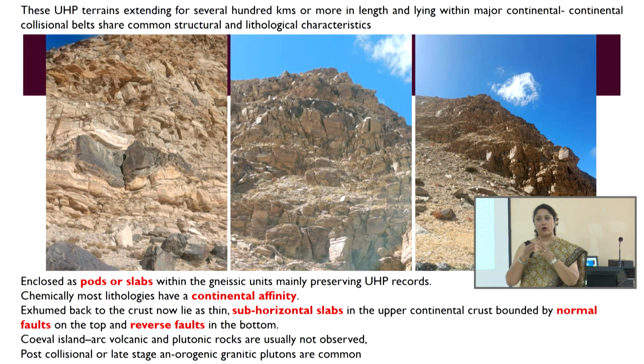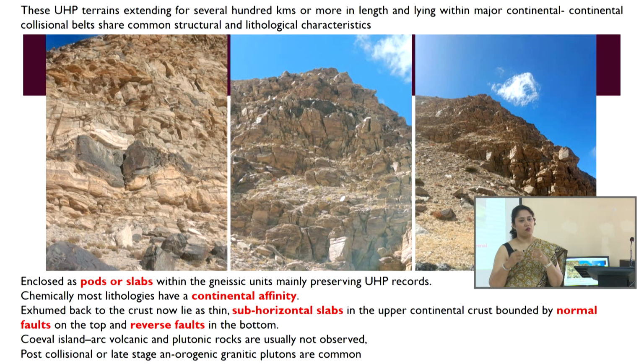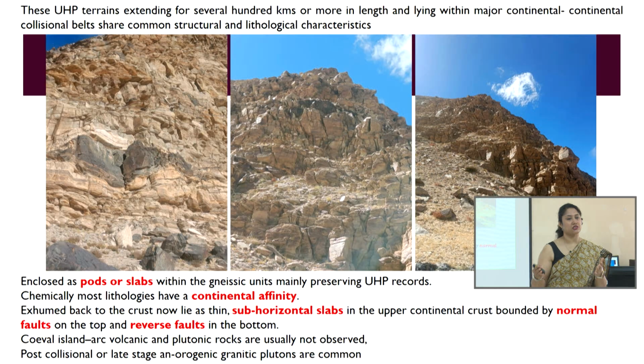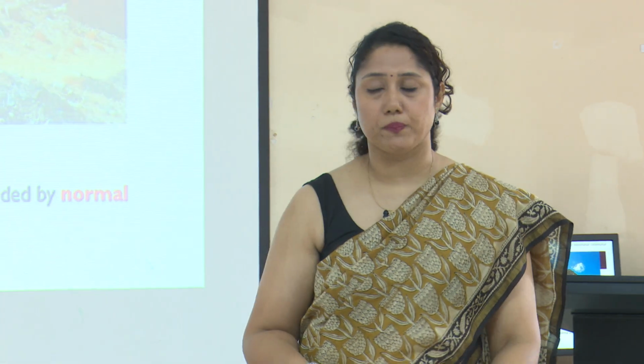So if you look at Somorari and you look at all the parameters that have been laid out, at least from field observation, it definitely fits the bill of being very, very similar to other UHP terrains which you find world over.